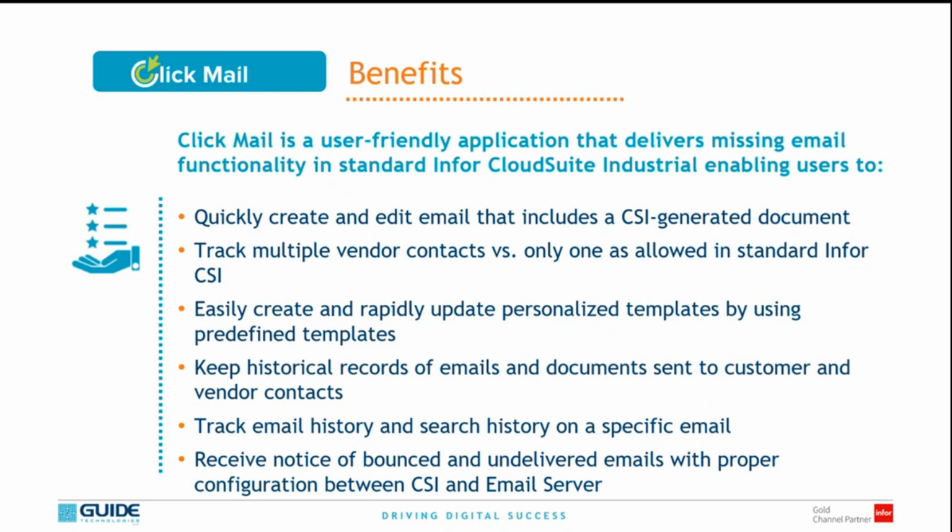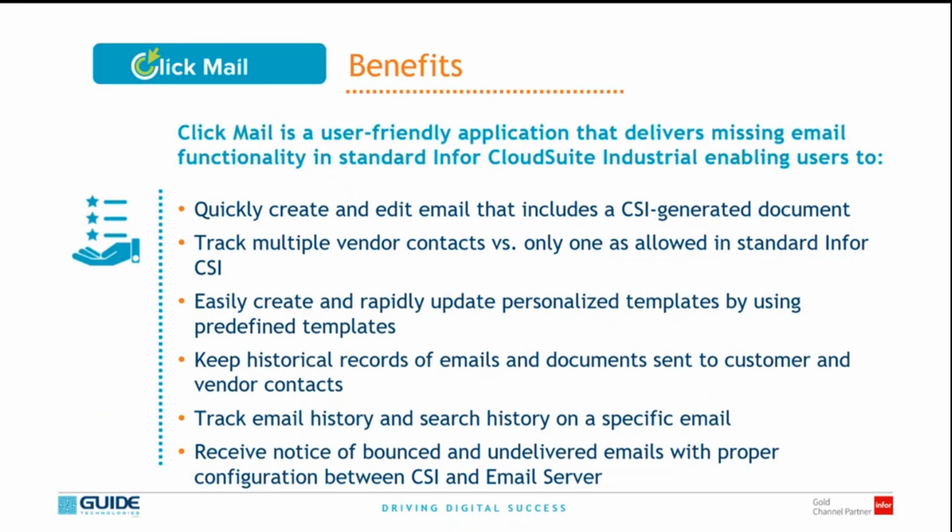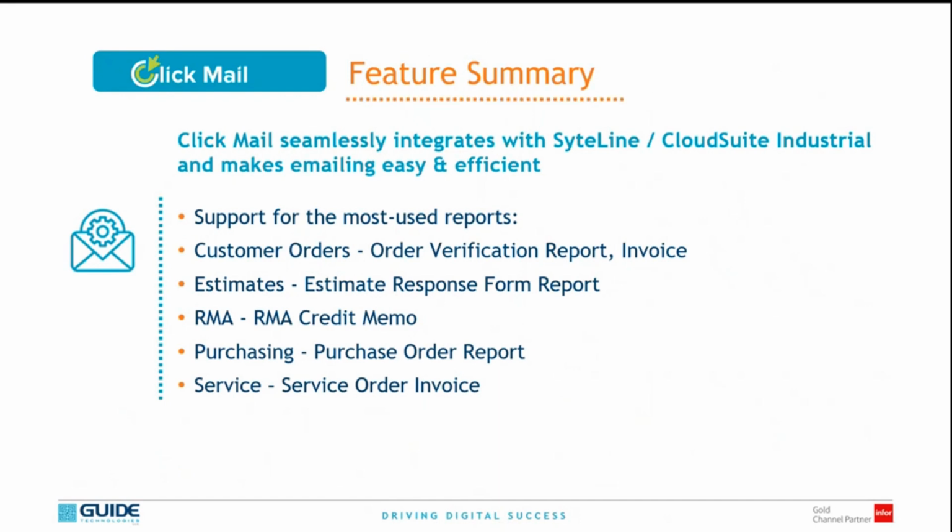So you have the individual record there, but it's sometimes really tough for team members to know, did that get sent? Yes, it did, and here's where it went. And of course, with all of that deep connection to your email server between CSI and Sightline, you have the ability to receive a notice of undelivered mails when something failed. Okay.